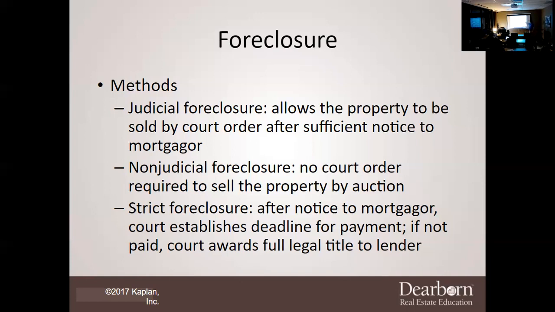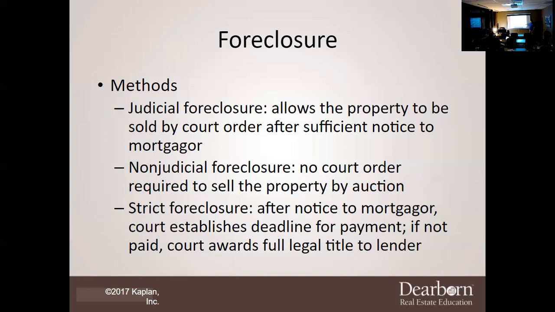So in that situation, it's the slowest, okay? Non-judicial foreclosure, there is no court order, and it requires to sell the property by an auction. A strict foreclosure is after notice to the mortgagor. Who's the mortgagor? We've said it a million times.